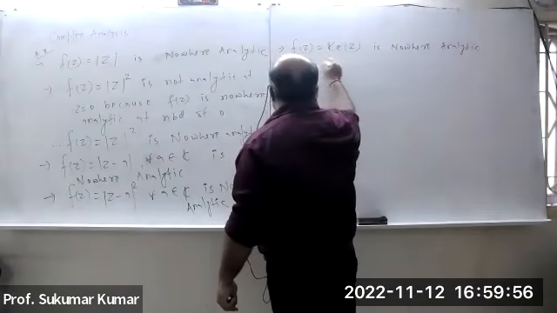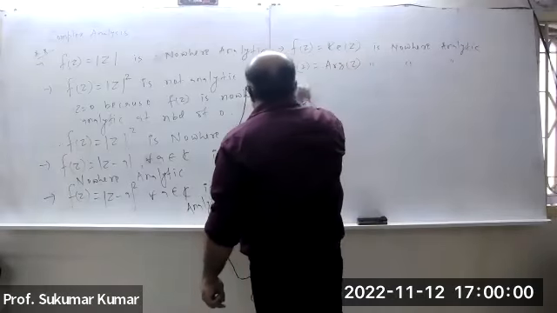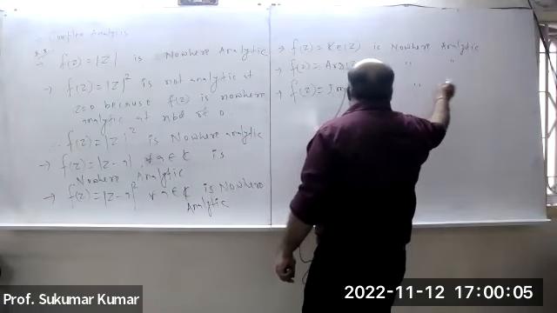Fz is equal to argument of z is nowhere analytic. Fz is equal to imaginary part of z is nowhere analytic.